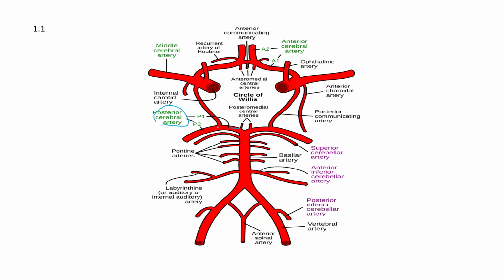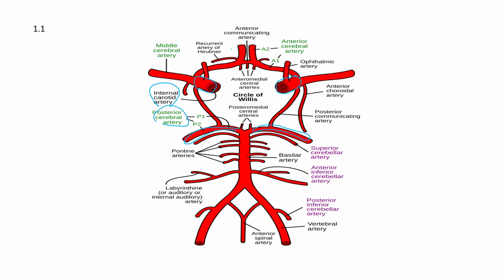Bilaterally we have two, this is the right side and this is the left side. And again, we have the internal carotid artery to form this circle. Bilateral means both sides we have these two.